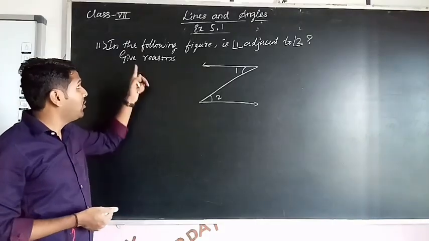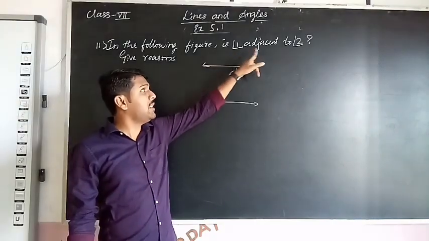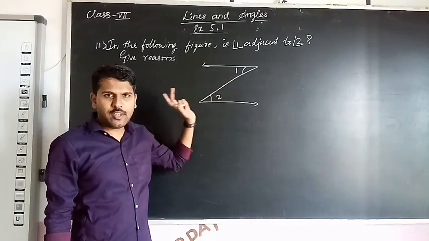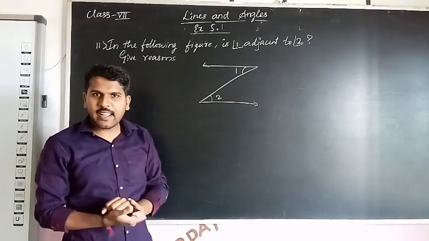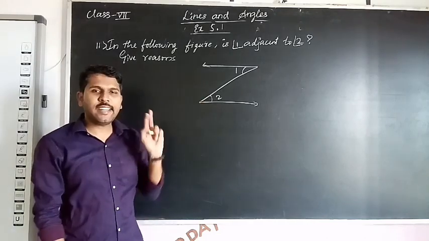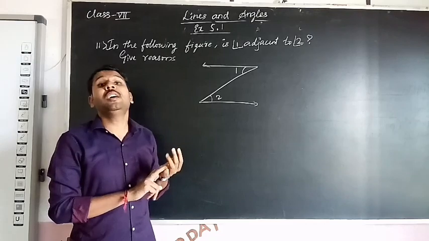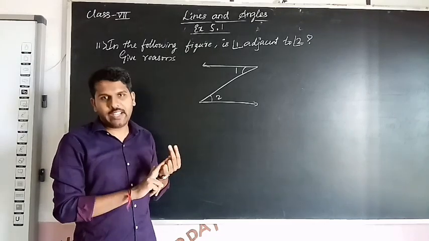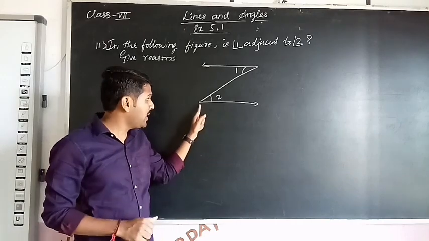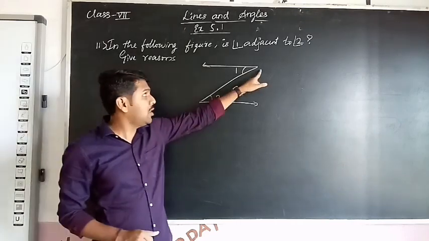Next question: in the following figure, is angle 1 adjacent to angle 2? See the figure here, angle 1 is there, and here angle 2 is there. Are these two adjacent angles? Yes or no? No. Why? Because adjacent angles should share a common arm and a common vertex. They are sharing a common arm, but what about the vertex? Here the vertex is different.